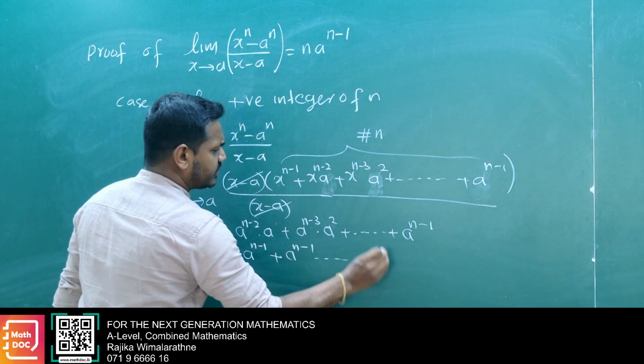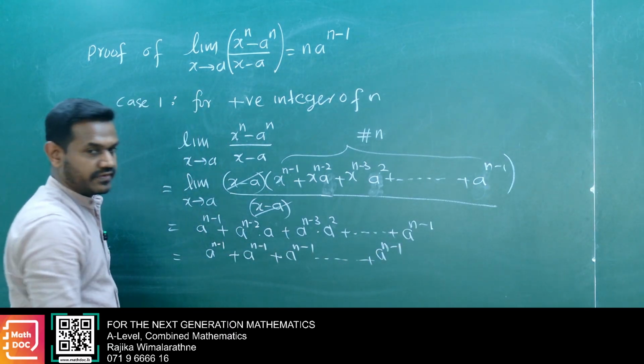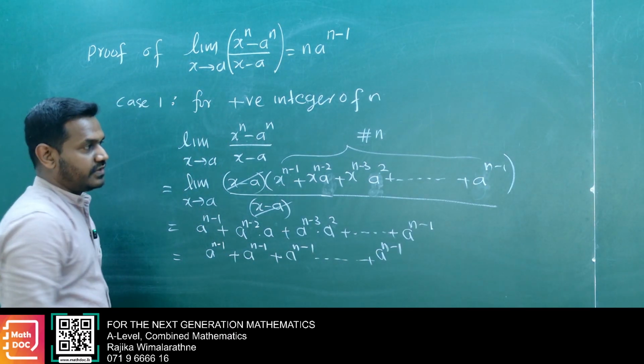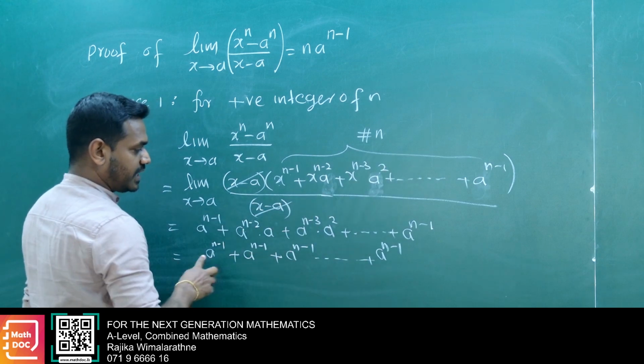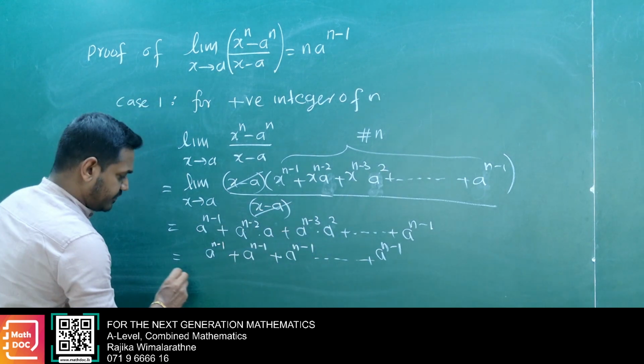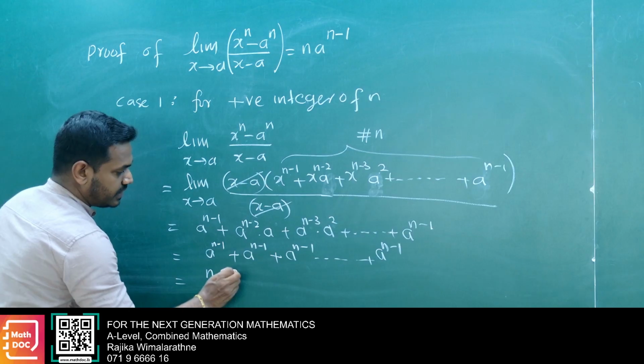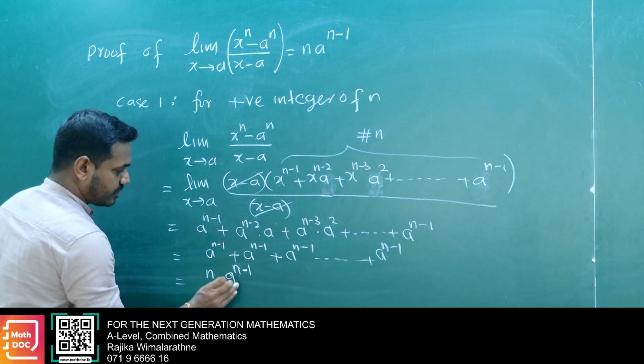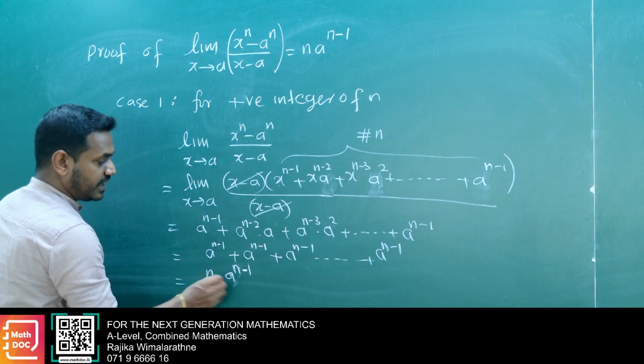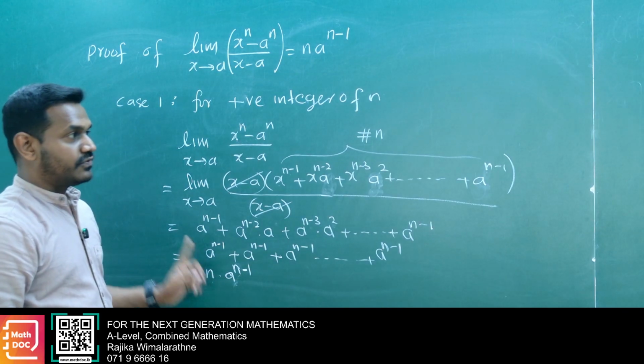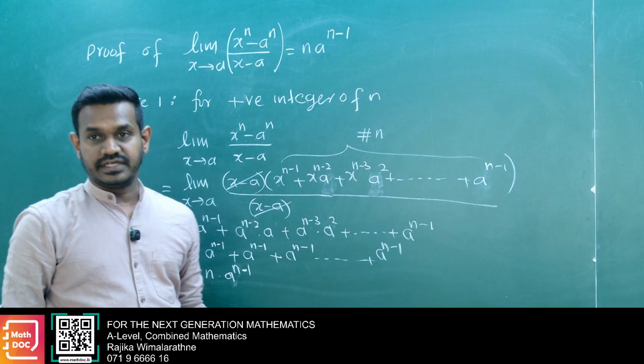All terms are a to the power n minus 1. We know the number of terms is n, so finally n into a to the power n minus 1, that is n a to the power n minus 1. That is the proof for positive integers.